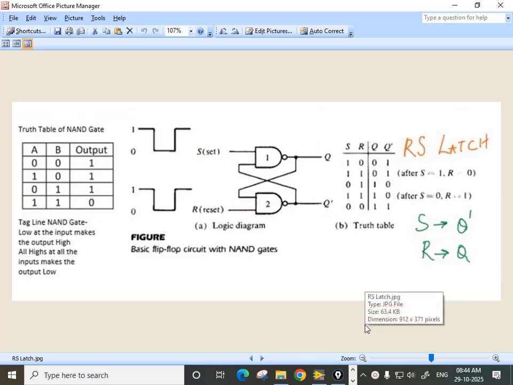Now let's see the working of the RS latch. Before starting with the RS latch, we have to remember the NAND gate truth table and the tagline of the NAND gate.